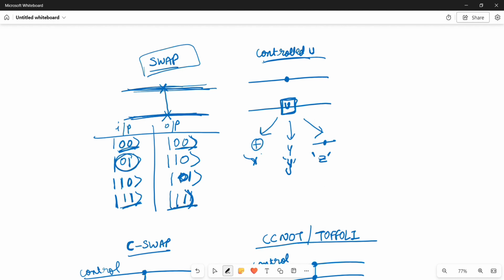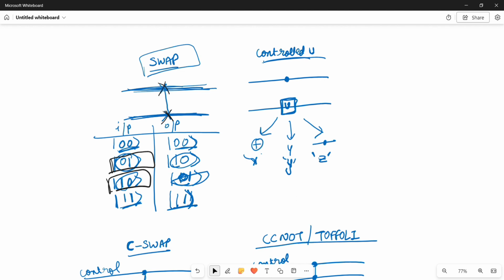When both qubits are different, like 0 1, swap them. So these are the two conditions. When they are different, you have to swap. This is what our swap gate basically looks like.